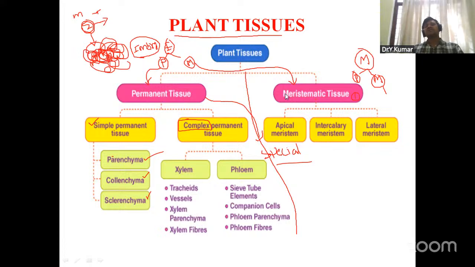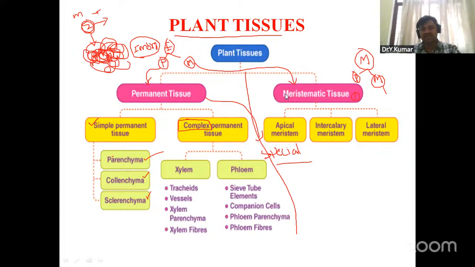And the nucleus is also present inside the cells. Mainly they have active division because of a large number of mitochondria. Vacuoles are very few, small vacuoles are present or maybe absent in meristematic tissue. So this is the small introduction and definition of meristematic tissue.